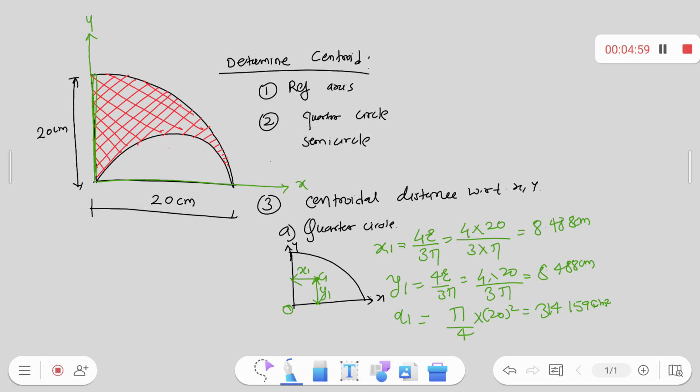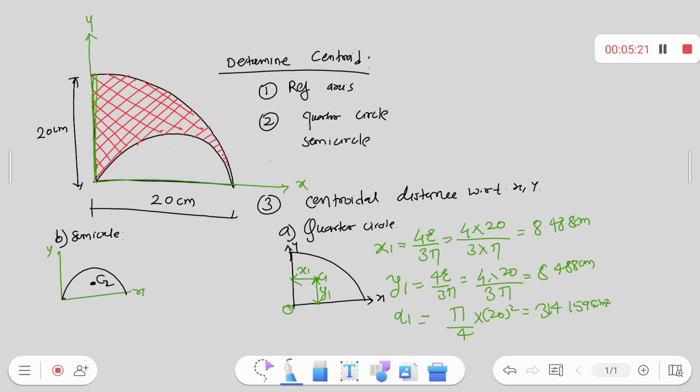Now we are talking about the semicircle. Again, if you get confused, draw the x-axis, y-axis, and draw this semicircle. Mark the center of this semicircle C2.